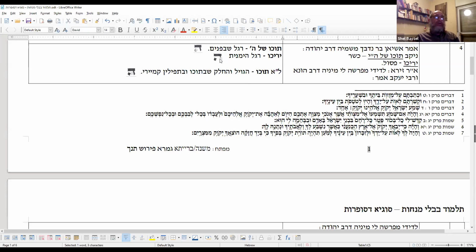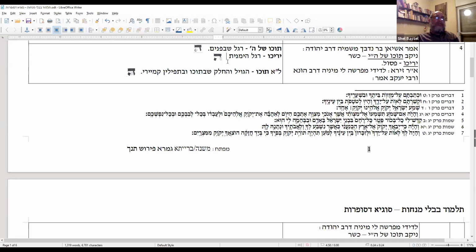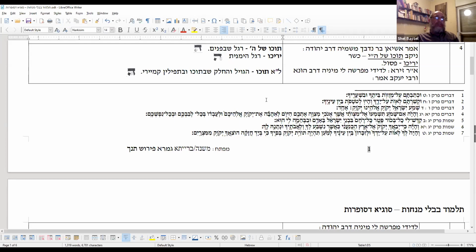And it's argued that even if it's enough to make a small yud, even though a yud that would go with this hey might normally be a larger letter, larger than this area here, if it's enough to make a small yud, it would still be kosher, but less than that, it's not kosher. We'll discuss that more definitively at a future time.